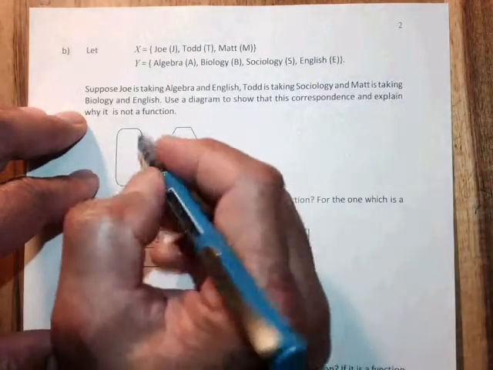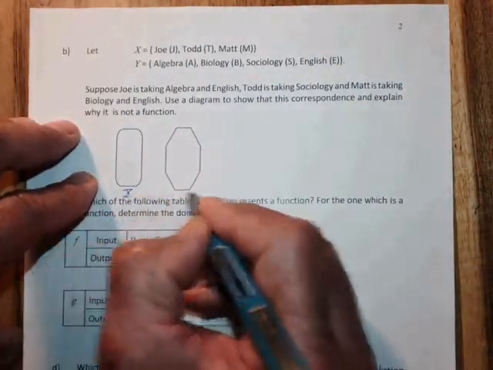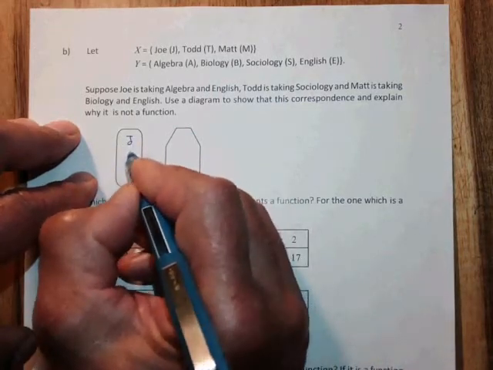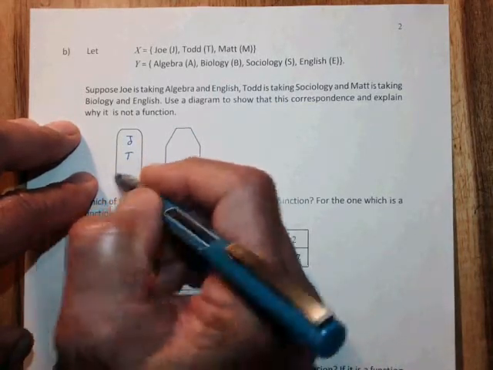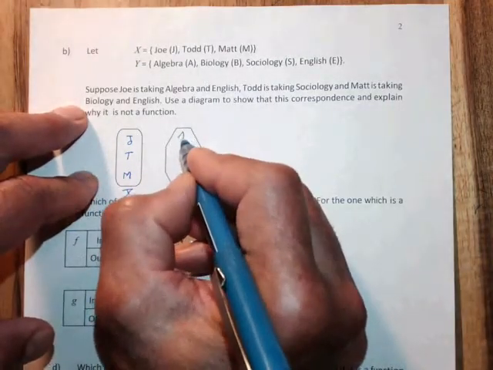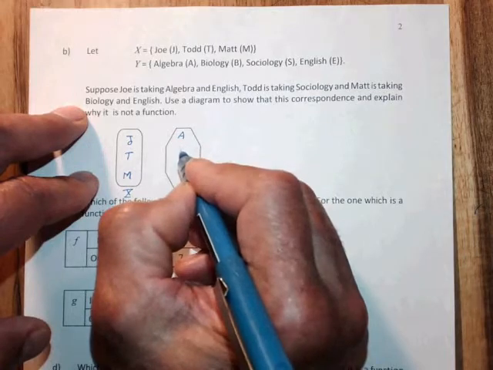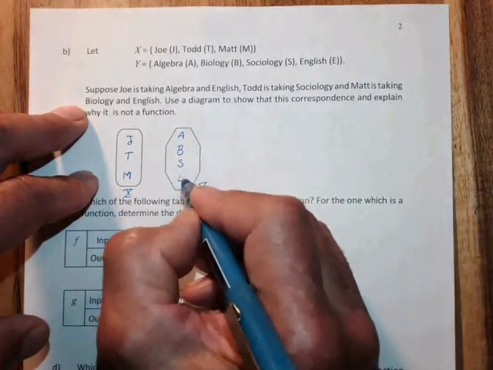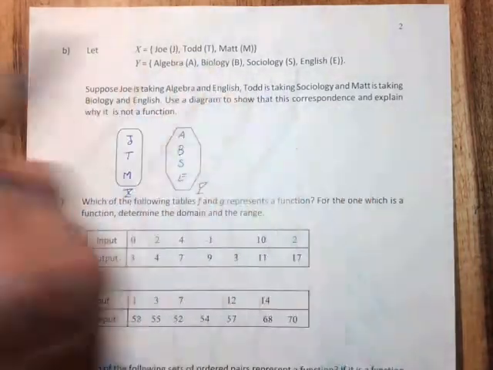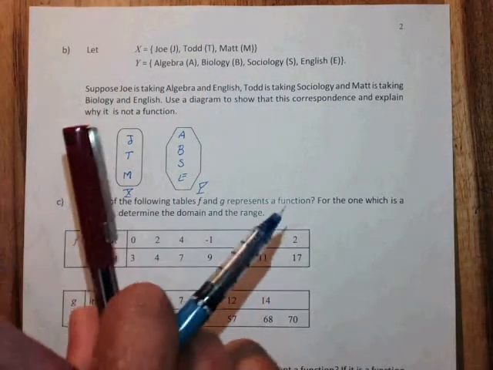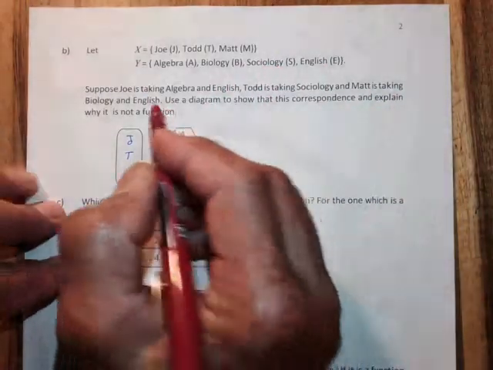So this is set X and this is set Y. So I have Joe, Todd, and Matt. And here I have algebra, biology, sociology, and English.